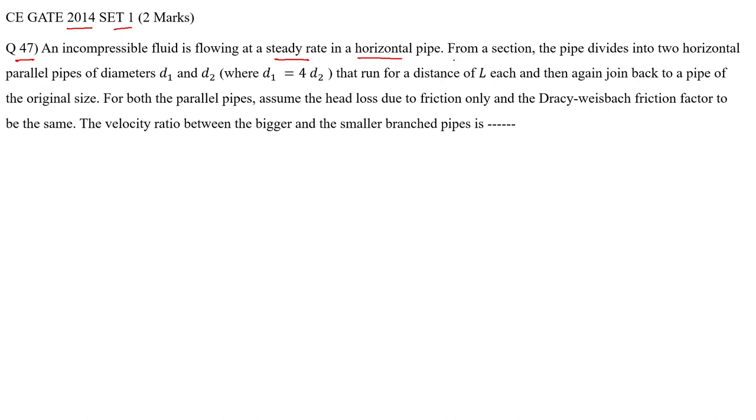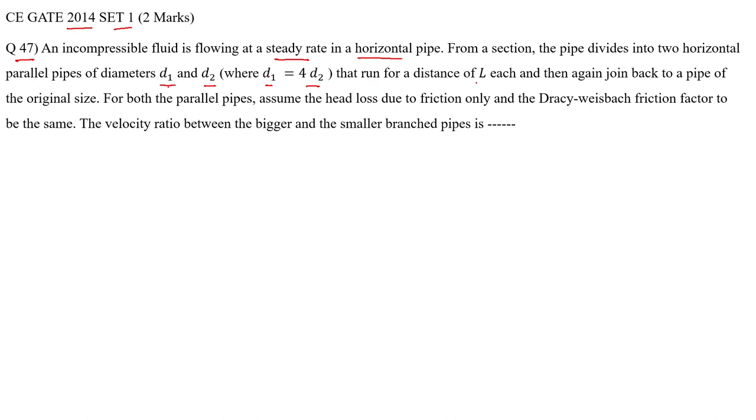This is a condition. Suppose from a section the pipe divides into two horizontal parallel pipes of diameter d1 and d2, where d1 equals 4 d2. So here they have given a relation between the two pipes.